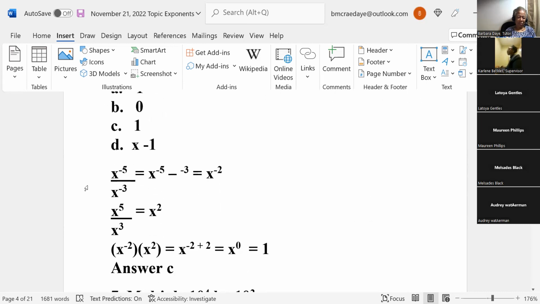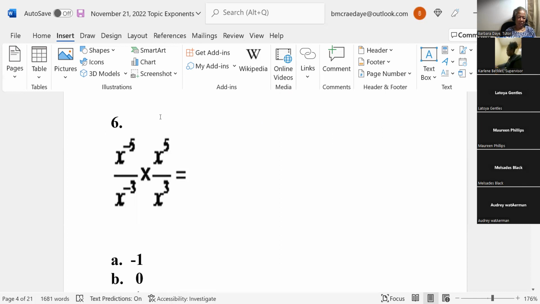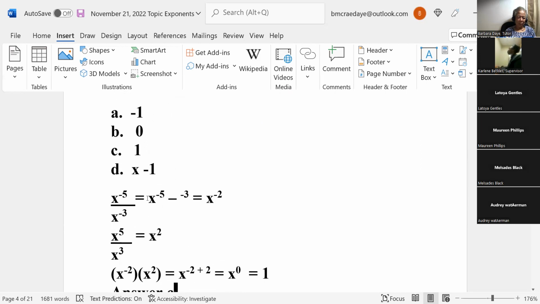Did you do the divisions like we did here? It's two divisions, right? A division here and a division here. Did you do those? Yes, but I don't know what I did. Mercedes just did these. X to the -5 over x to the -3 gives you x to the -2. Then x to the 5th power divided by x to the 3rd, 5 minus 3 gives you x to the 2nd power.